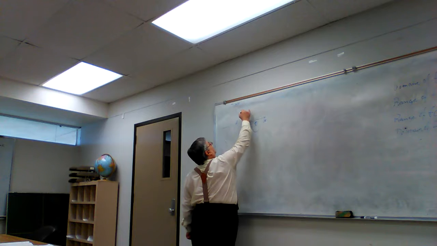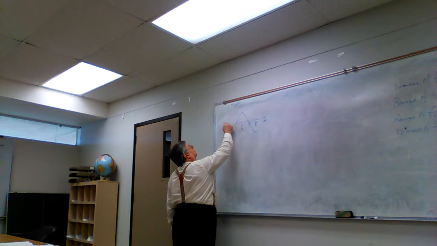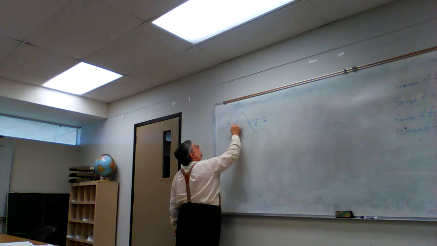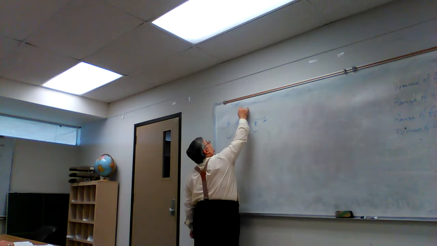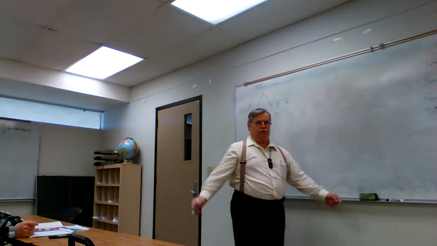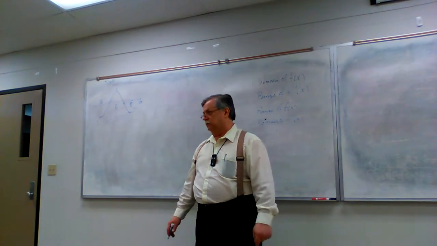Well, we could define it between pi over 2 and 3 pi over 2, but in fact, the way it's generally defined is between minus pi over 2 and pi over 2. As a general rule, you want the origin in every function and every inverse function.